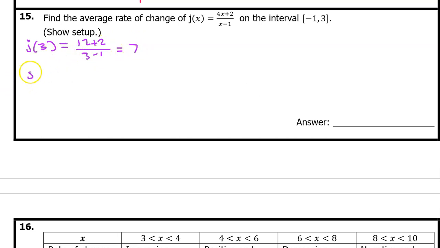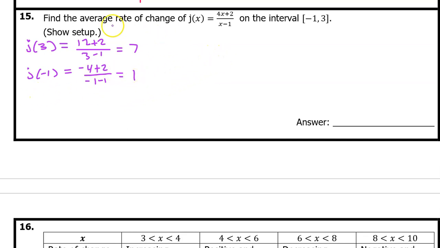How about j at negative 1? Well, if I plug in negative 1 right there, that's going to be negative 4 plus 2. And then I'd have negative 1 minus 1. So that is going to be negative 2 divided by negative 2, which is positive 1.